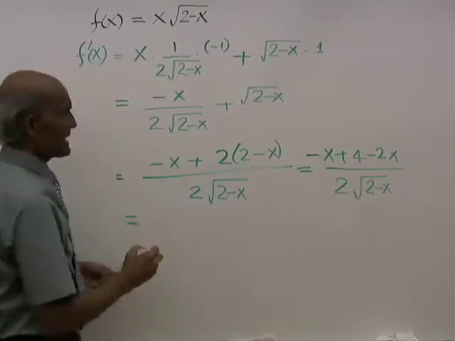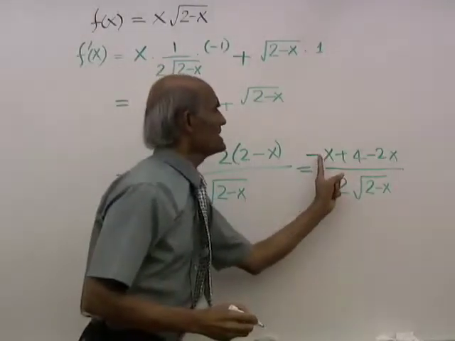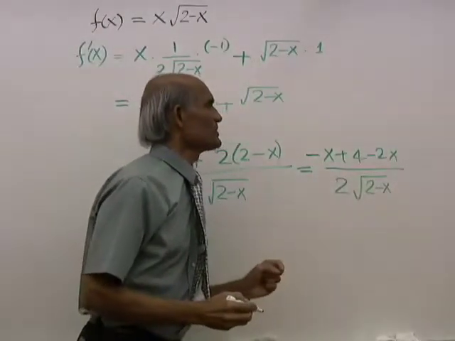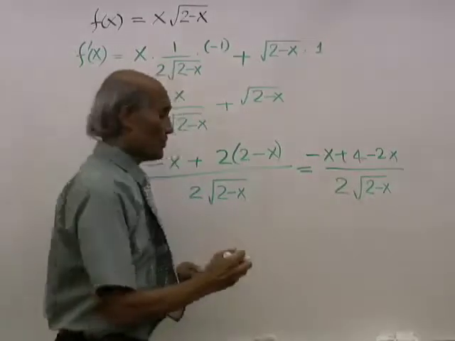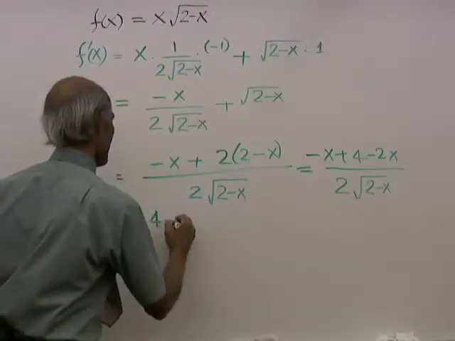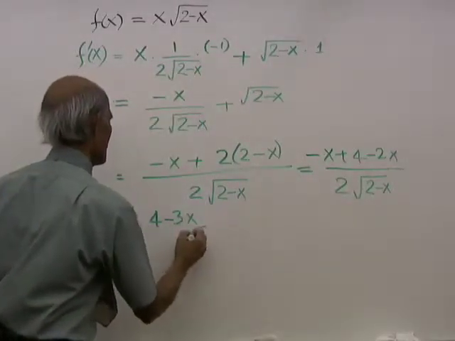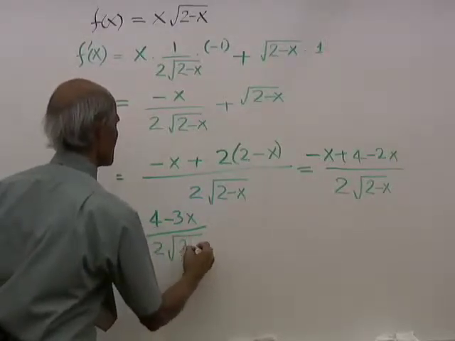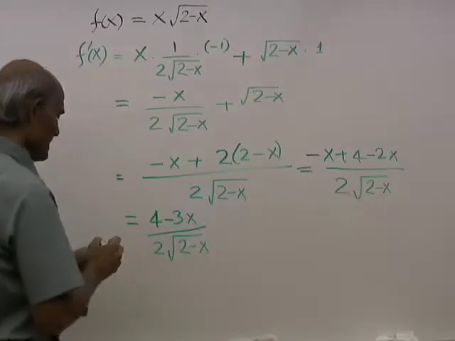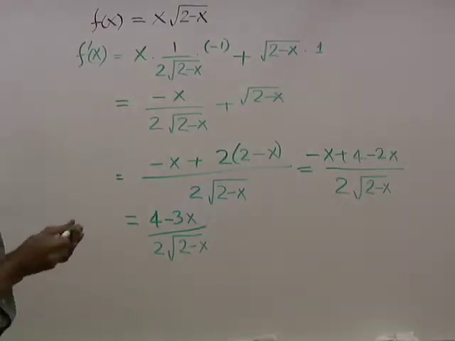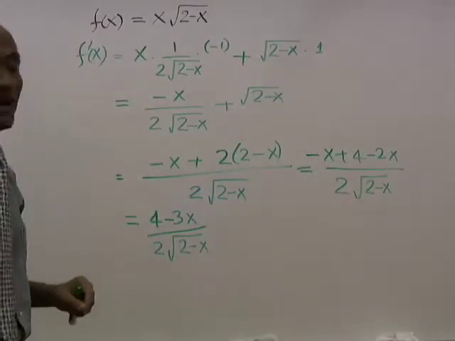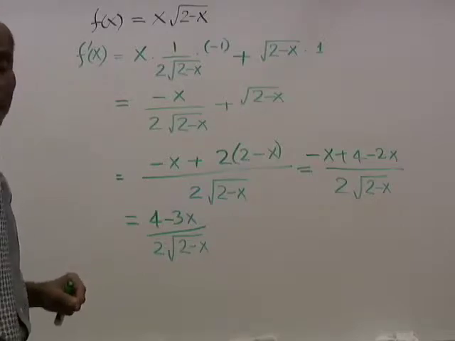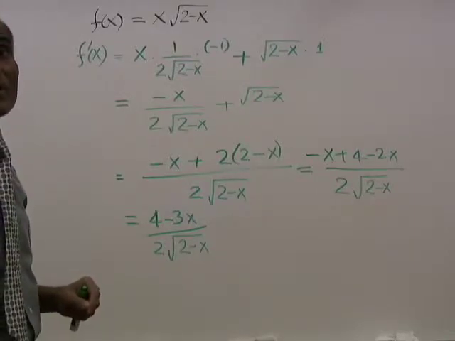Alright, let's simplify that again. That gives me negative 3x plus 4, or 4 minus 3x, all over 2 square root 2 minus x. And that is the derivative of the function f of x equal to x square root 2 minus x.